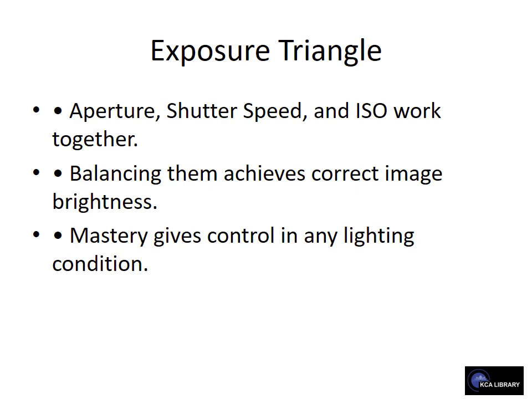When you balance these three, it's very crucial for achieving a proper exposure. If you adjust one element, that would require a compensatory adjustment to one or both of the others to maintain the same overall brightness.